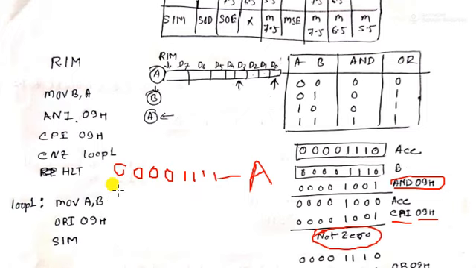That means the AND operation of 09, 0 0 0 0 1 0 0 1, gives 1 0 0 1.